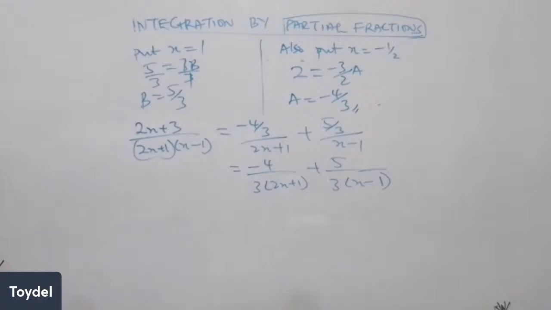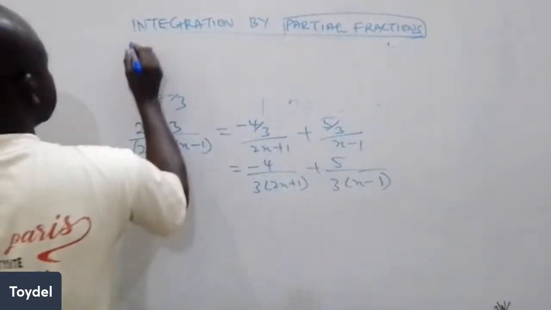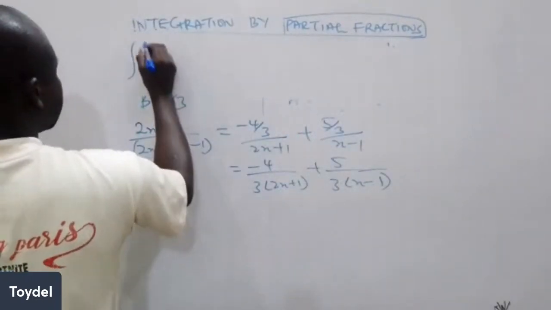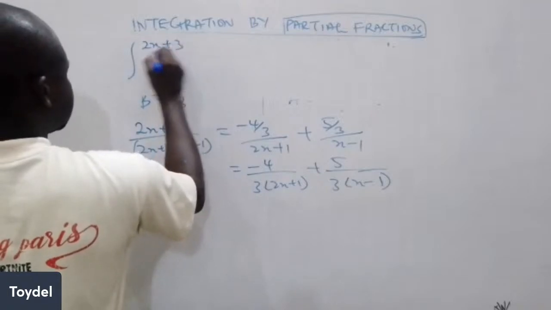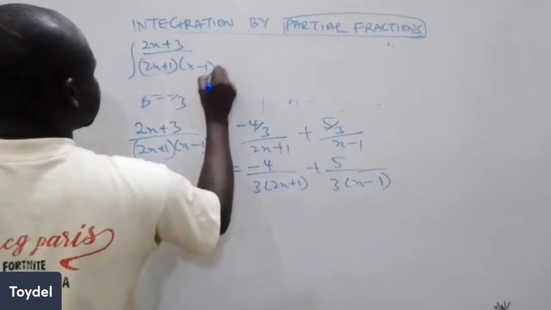Then I will now go back to the integral, the given question. I will rewrite the question. We are given the integral of 2x plus 3 all over 2x plus 1, x minus 1 dx.